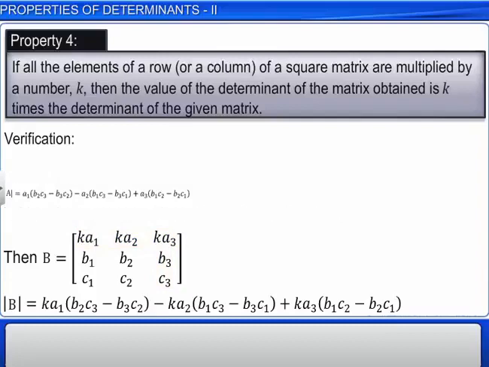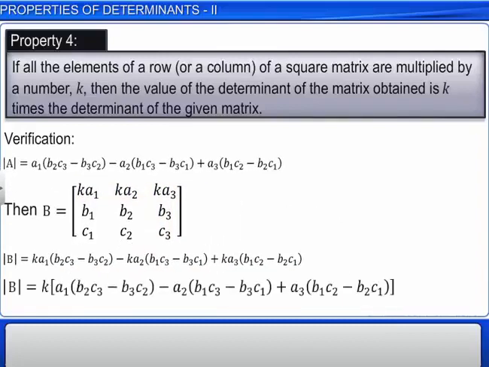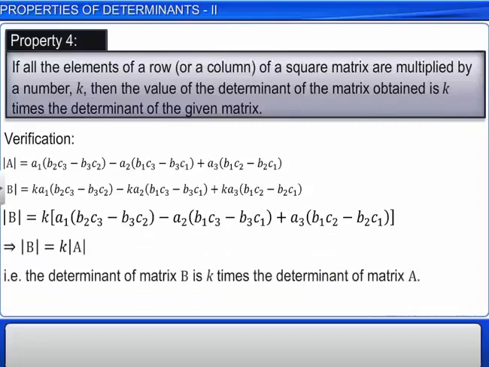Taking k common, we have determinant of matrix B is equal to k times determinant of matrix A.